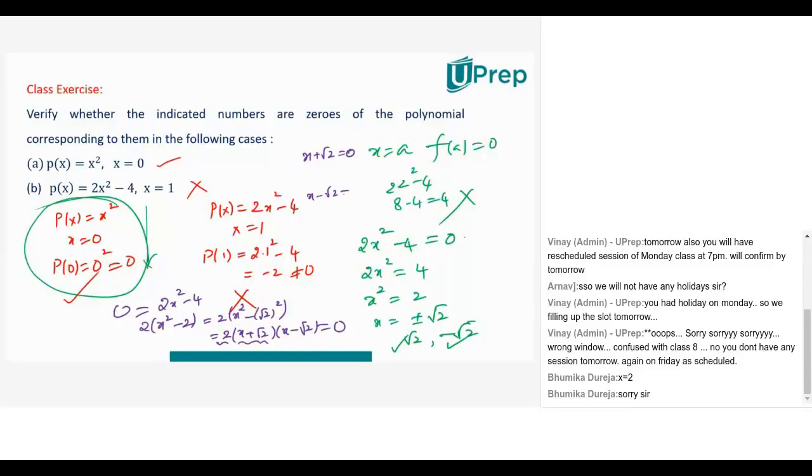If x plus root 2 is 0, then x is minus root 2. If x minus root 2 is 0, then x is root 2. The board has become clumsy, don't mind, but this is the only method. As he asked how to do it with factorization, I brought this third method into the picture. Is factorization clear now?